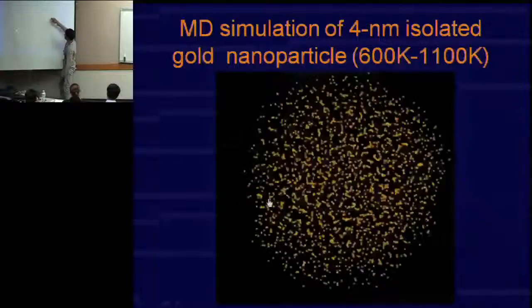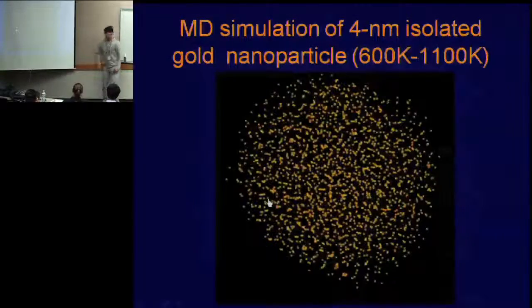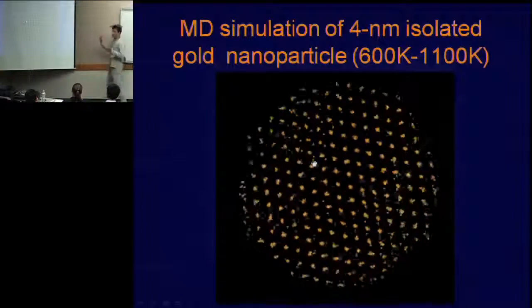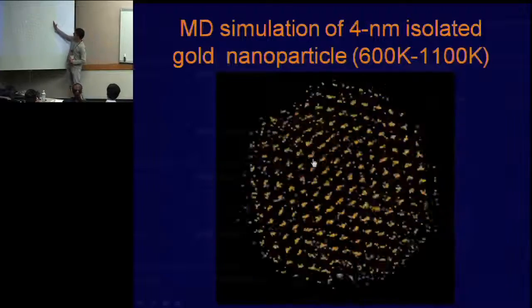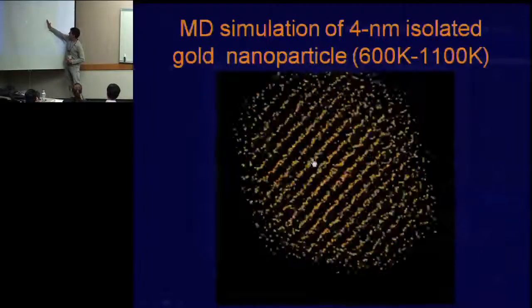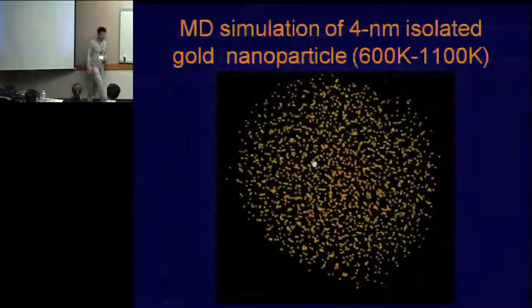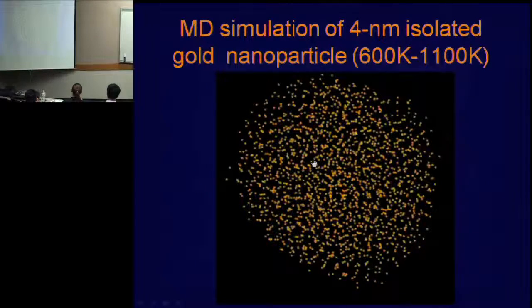What you also see is that it starts to melt, if you want to call it melt, from the outside in. So it becomes more and more disordered as you go from the outside, and then it's completely molten. This is an MD simulation, essentially just one branch of a simulated annealing, if you want.